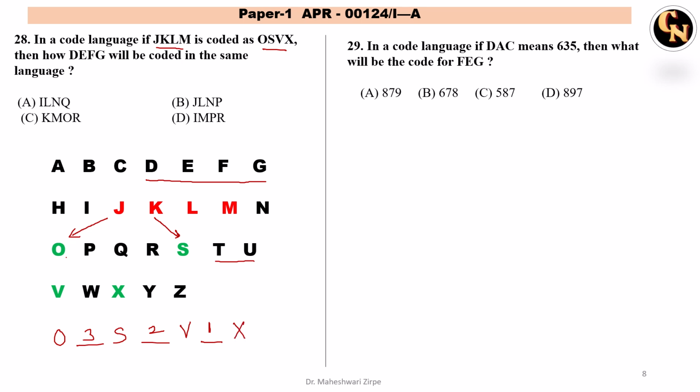Now the same code we are going to use for our DEGH. Now if you see JKLM, there is a gap of 1 letter. So for DEGH we again have a difference of 1 letter, and we will start from what?